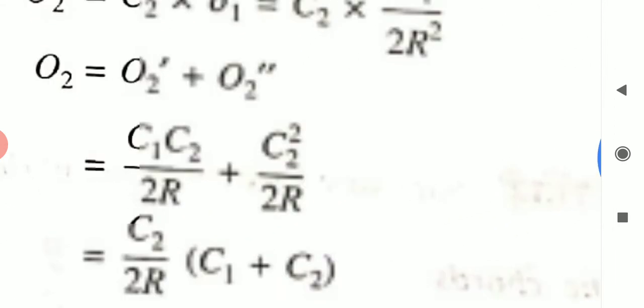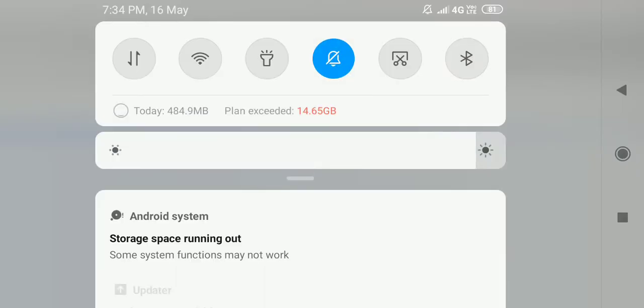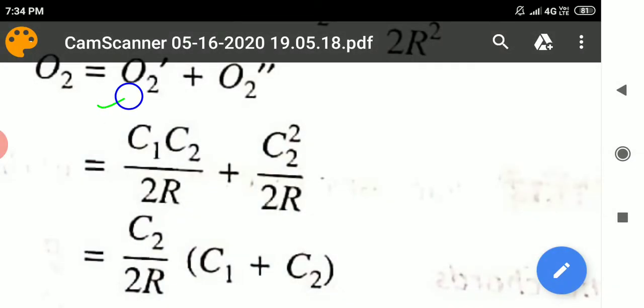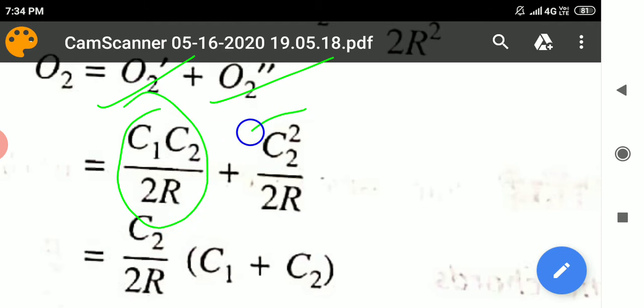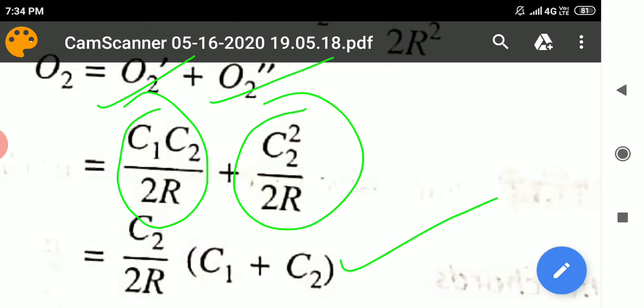Already I told you previously O2 equals O2 dash plus O2 double dash. We got both now, so by solving O2 dash plus O2 double dash we get this expression. After simplification O2 dash is C1 C2 by 2R, and O2 double dash is C2 square divided by 2R.